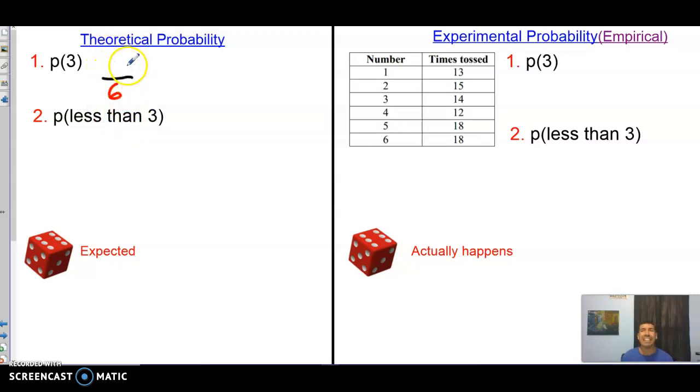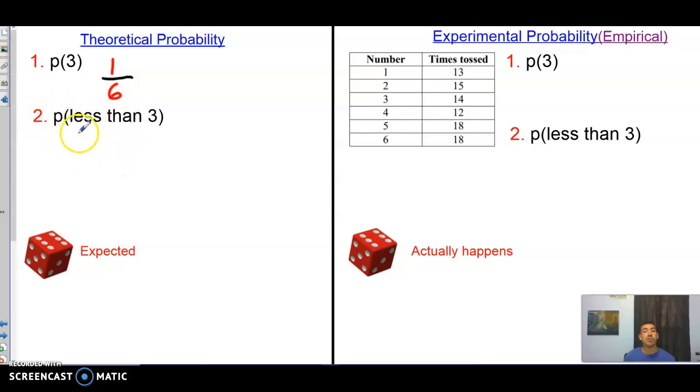On the top, the number that I'm looking for, the favorable amount, the desired amount. So what I'm looking for is I would like for a 3 to occur. So it does have 6 sides. So now you have to think, how many sides have a 3? 1, just one side. So 1 goes on the top, okay? And that's the answer, okay? So the answer is 1 over 6.